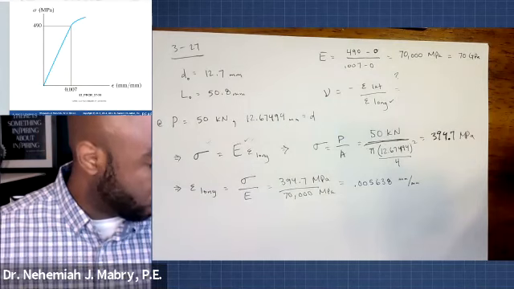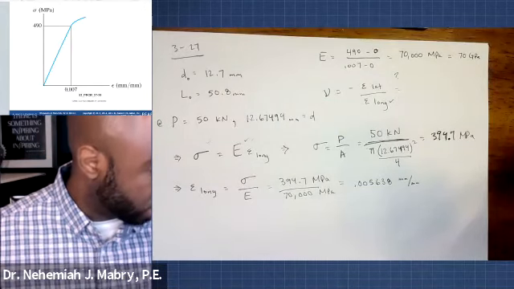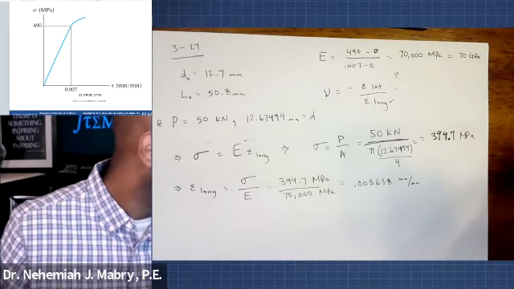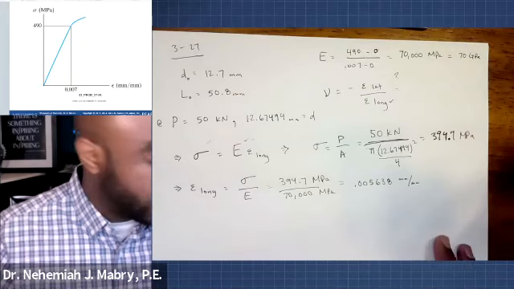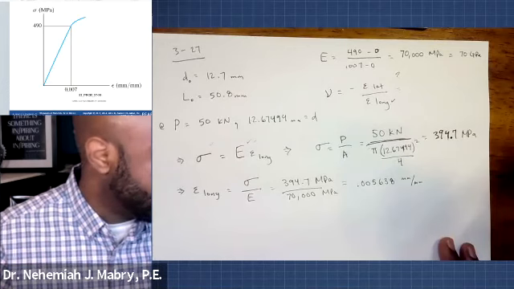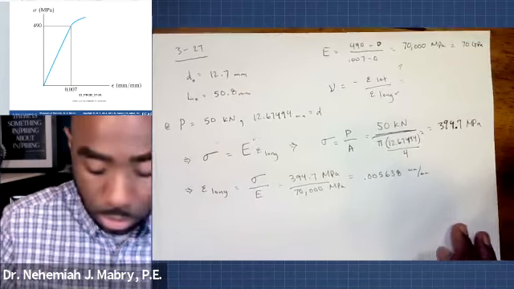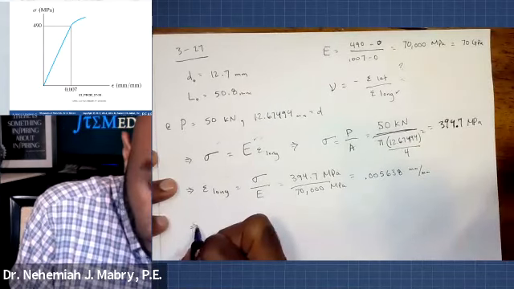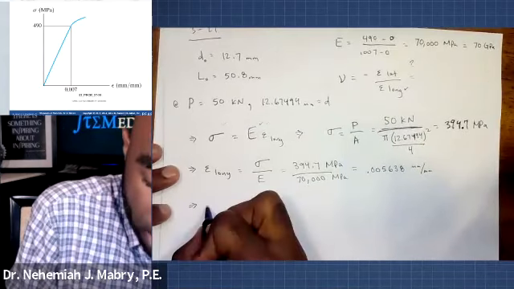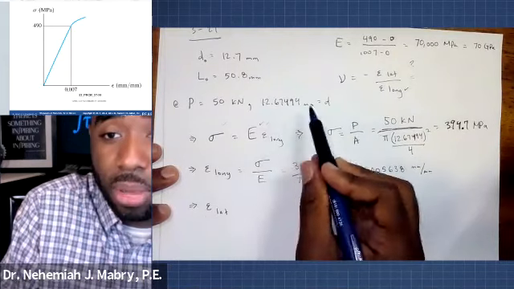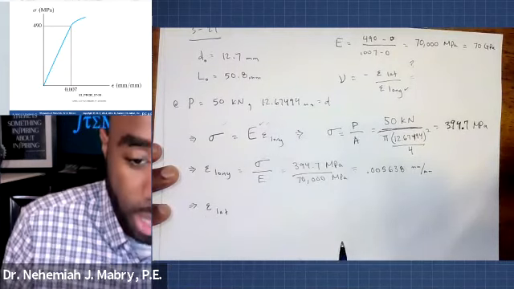Then from there, we need to determine the latitudinal strain. The latitudinal strain can be calculated by looking at a change in the diameter that we've already determined is taking place.